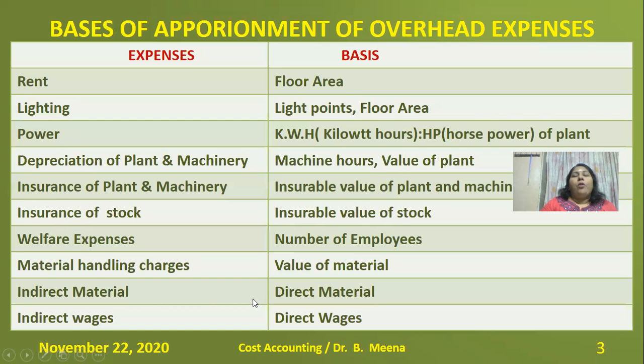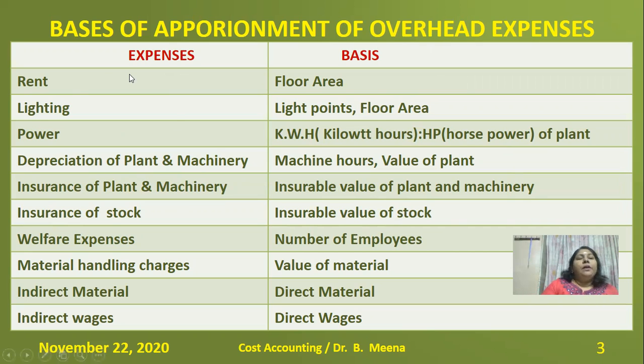Let me check one problem, after looking at the basis of apportionment of overheads. In the left hand side column, I list out the expenses, and on the right hand side, the exact basis for apportioning these expenses. The first item, rent.